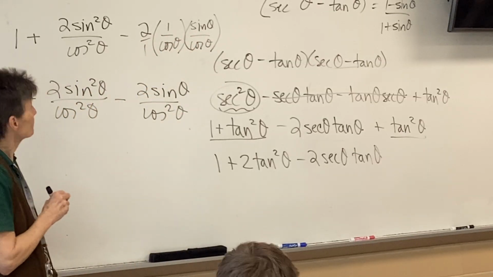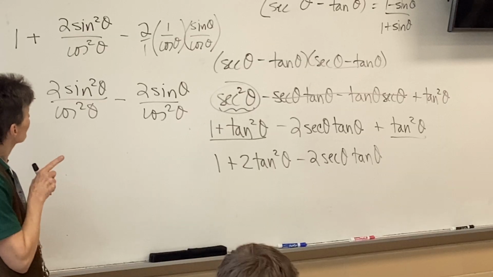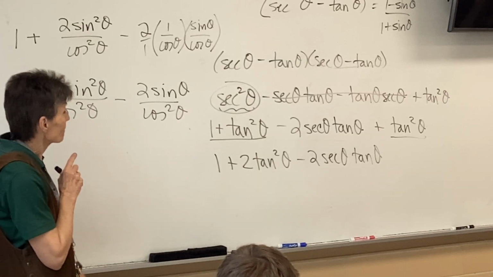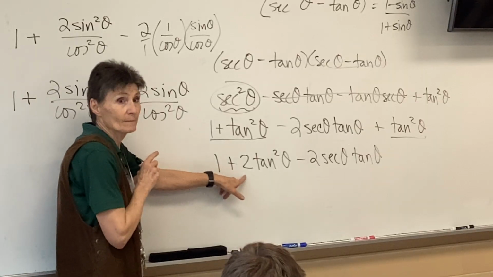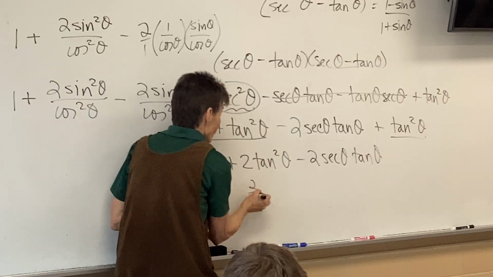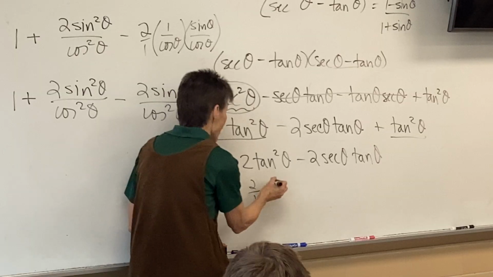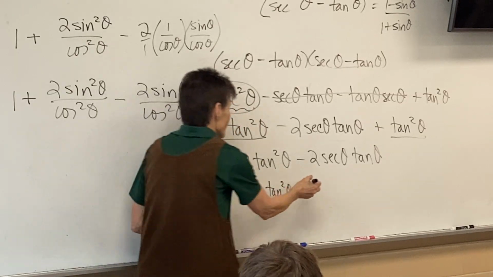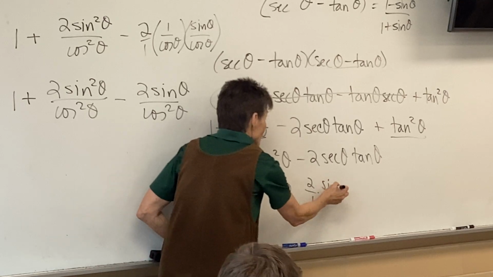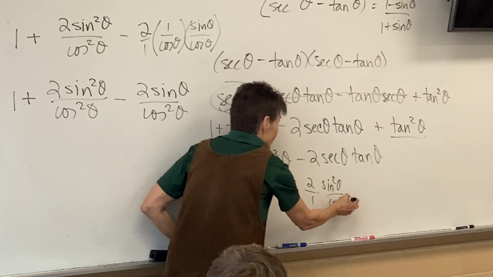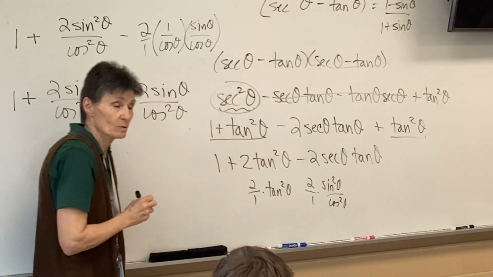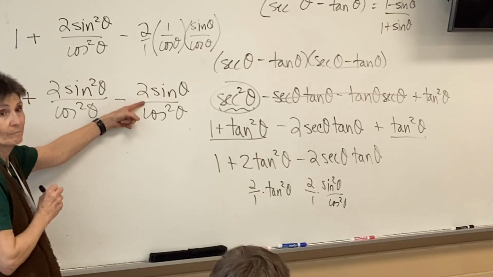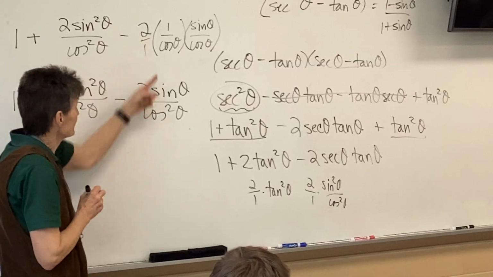Why would you just put the 2 on the top of the sine on the step before this? Okay, so keep in mind, that's 2 over 1 times tangent squared. So tangent squared is sine squared over cosine squared. And so does this one.